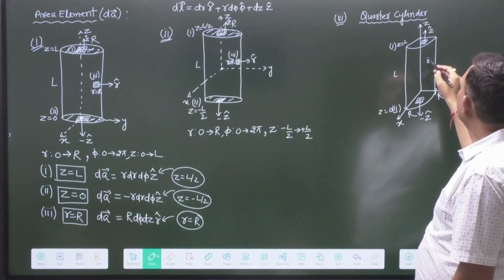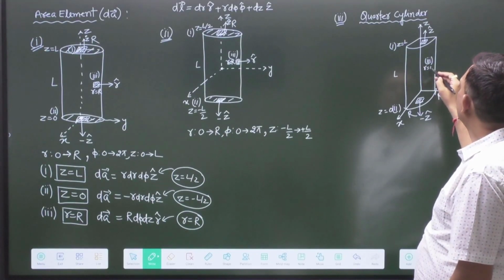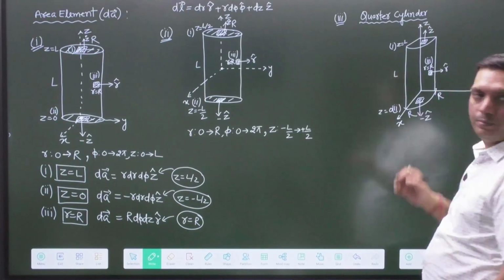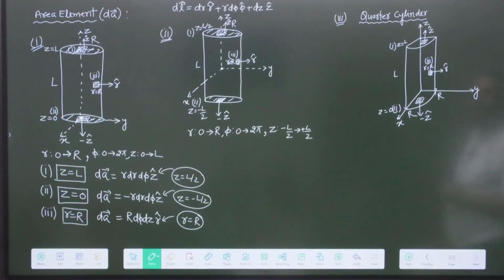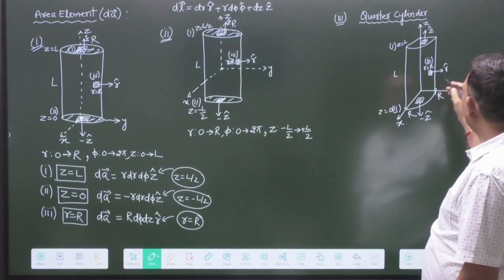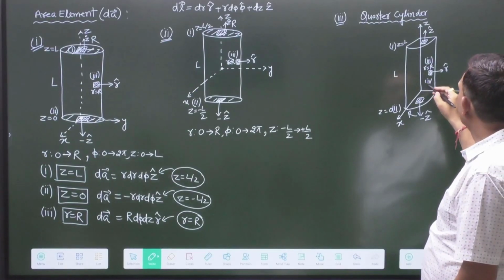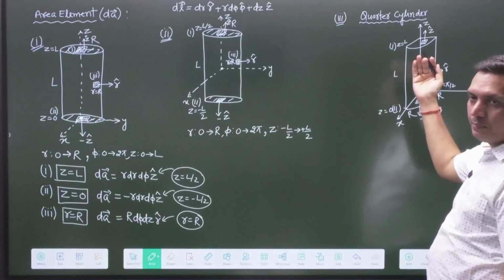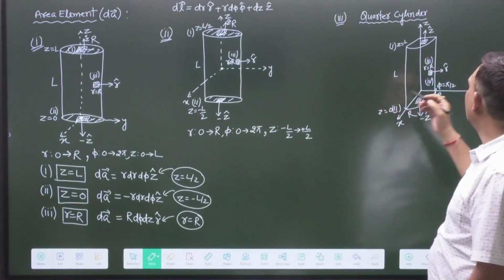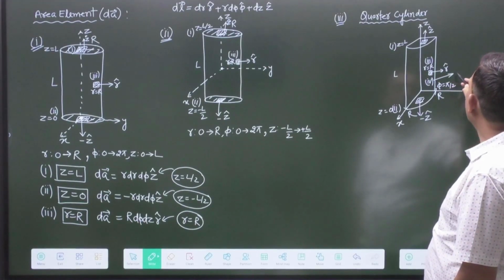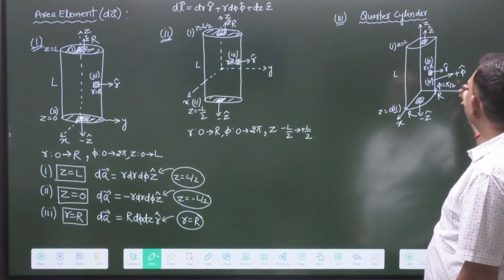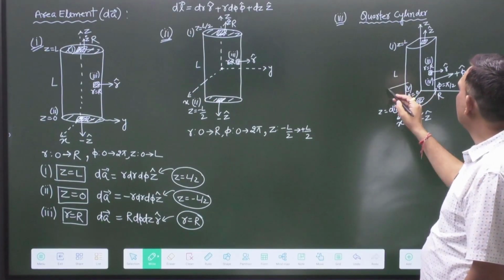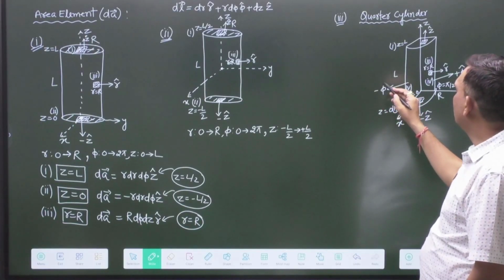Surface 3 is r is equal to R, so the direction is r cap. Surface 4 is phi equal to pi by 2, because this side is the YZ plane, the phi pi by 2 plane, so the direction will be plus phi cap. And the fifth surface is phi is equal to 0. Away from the surface, this direction is minus phi cap.